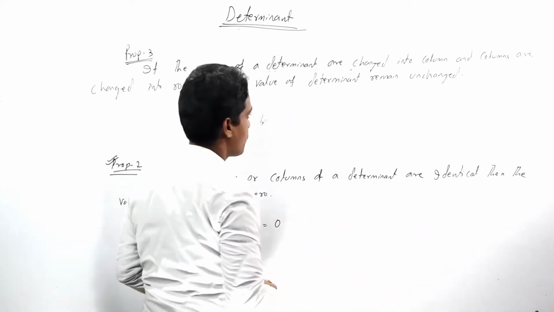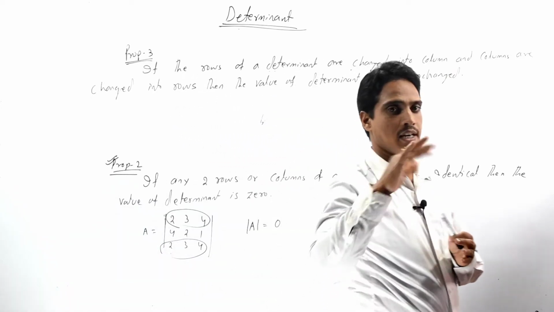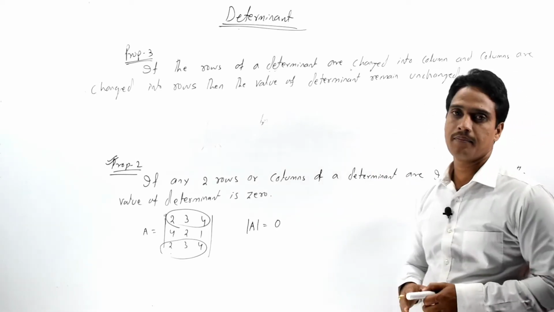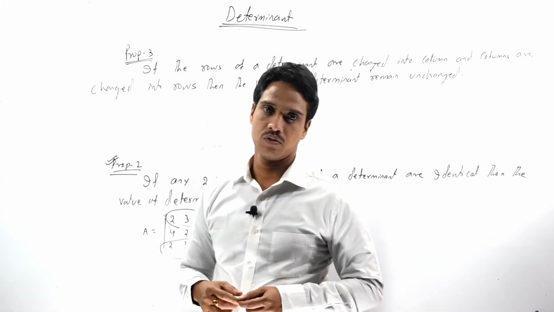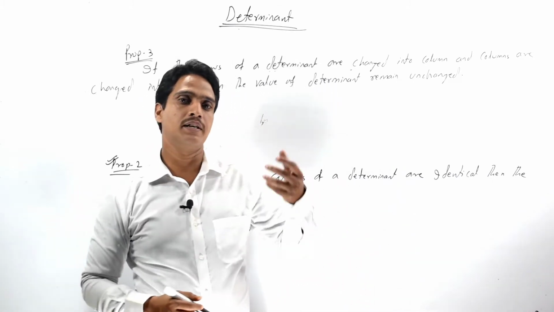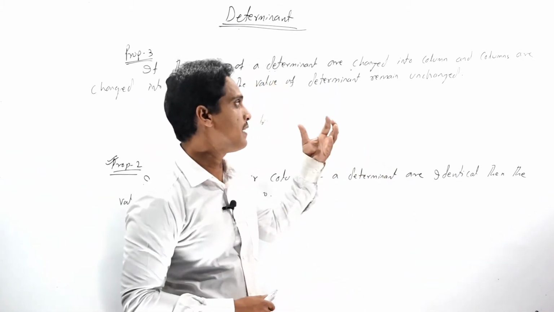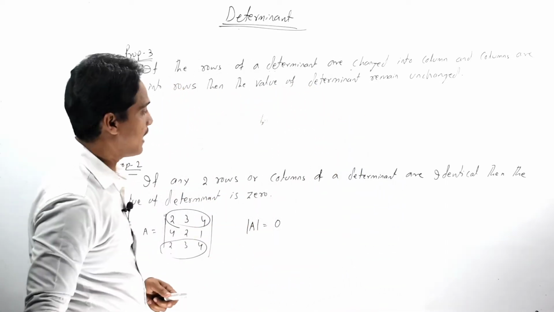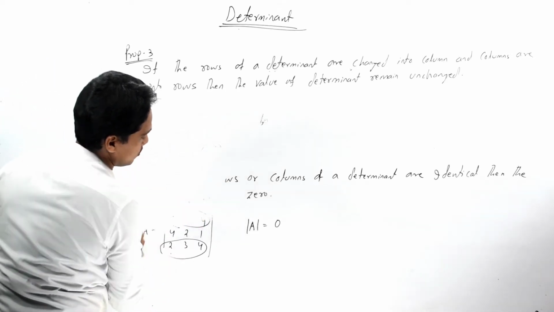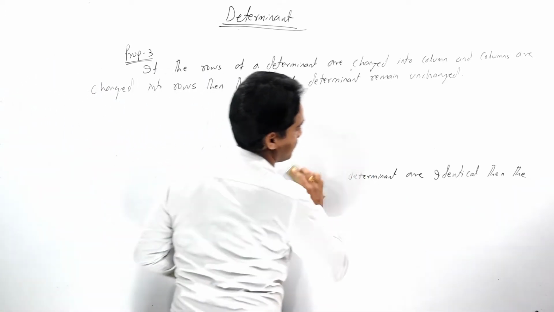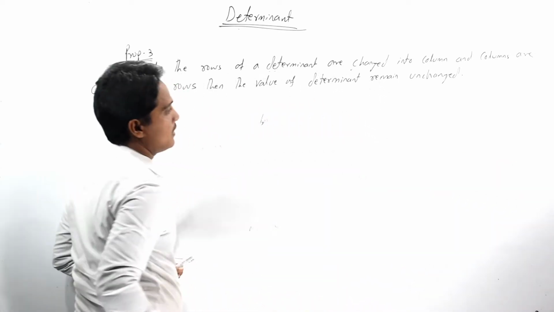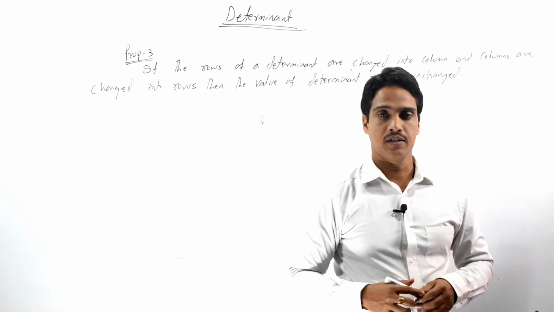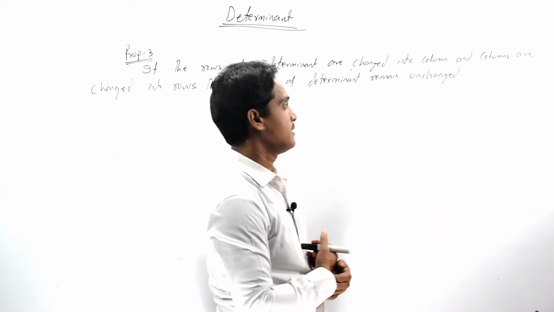That means if the rows are changed into columns and columns are changed into rows, then the value of the determinant remains the same. Let's take an example in order to prove that the value of the determinant remains the same if the rows and columns are changed.